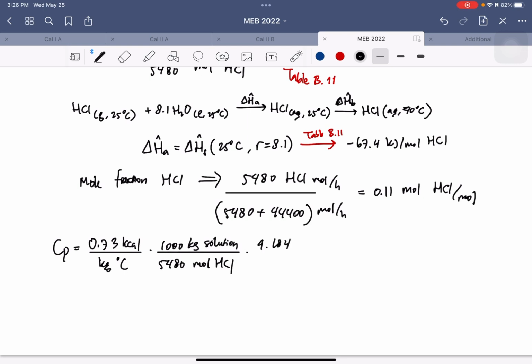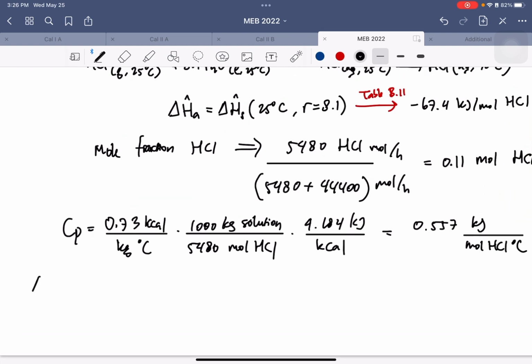Some conversion for calorie and joule. And we get the CP is 0.557 kilojoule per mole HCl degrees Celsius. Now we get the delta HB, okay, that is from 25 to 40 degrees Celsius.